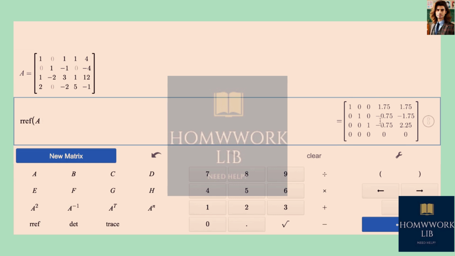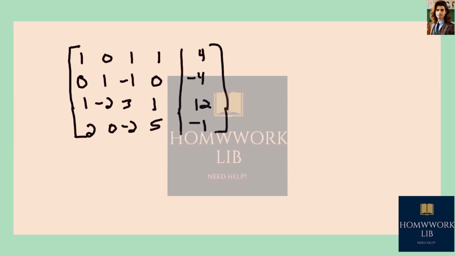So what we can say is from the first equation, it would be x plus 1.75w equals 1.75.